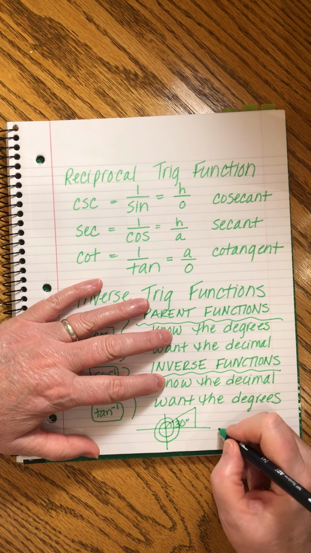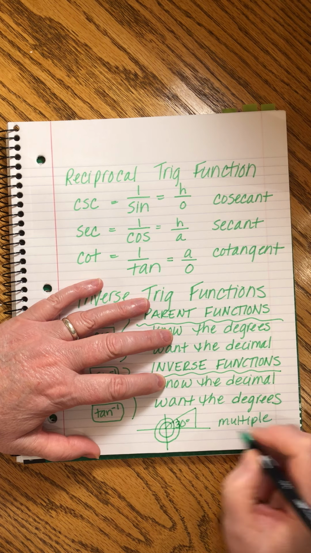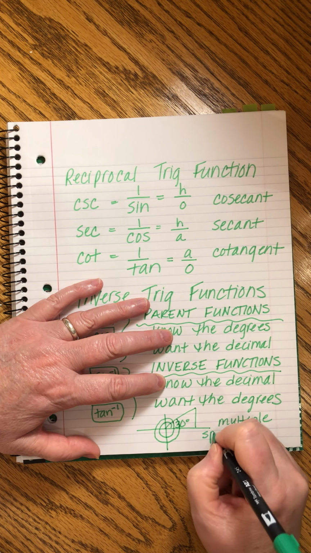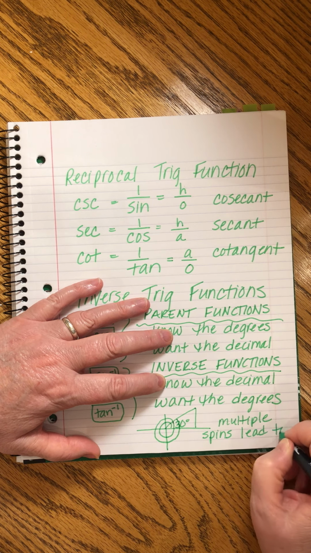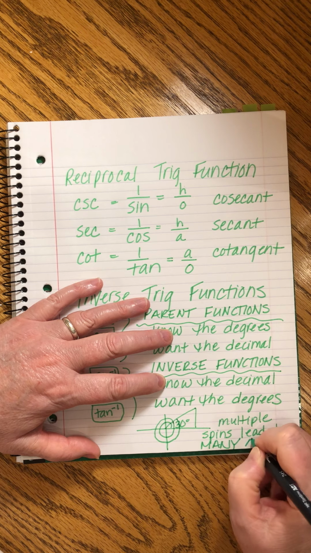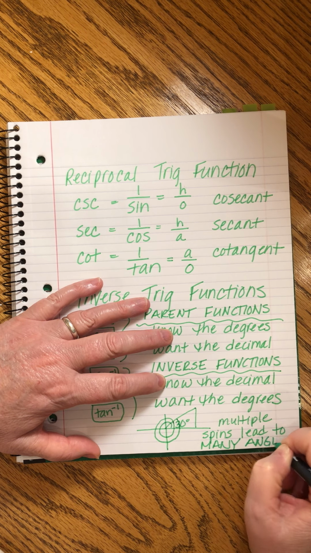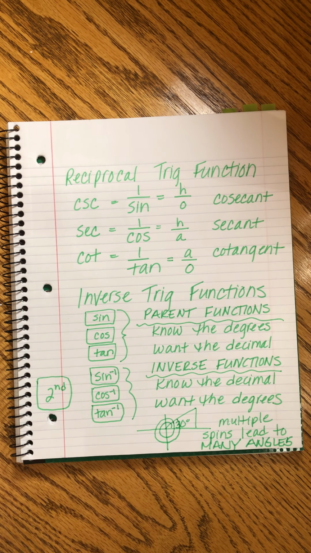We keep getting multiple spins. Multiple spins lead to many angles. So we need to find a way to lock that down. We cannot have all of these different angles, right?